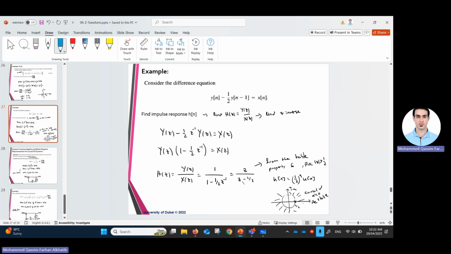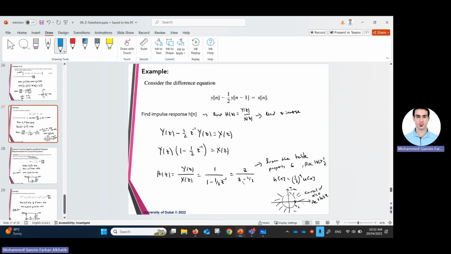All right, now another question. For this difference equation, find the impulse response h of n. Even though I did not say to find h of z, you have to find it. There's no way to find h of n directly. So find h of z, then do the inverse transform. Pretty much similar to the previous example.